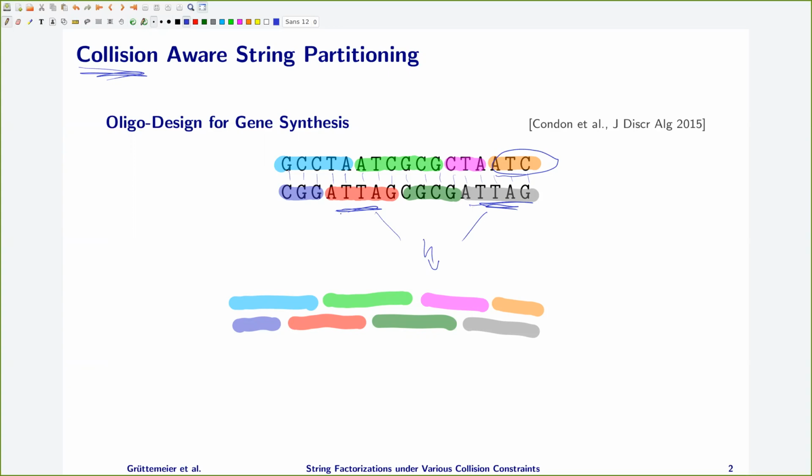So another assembly that we could have is the following: after these first three strings are assembled, this orange one could already bind here, and then we just have a shorter string. It's not the one that we actually wanted to produce. So one thing that we have to take care of in the choice of oligo substrings is that they are not too equal. And so that's the application.